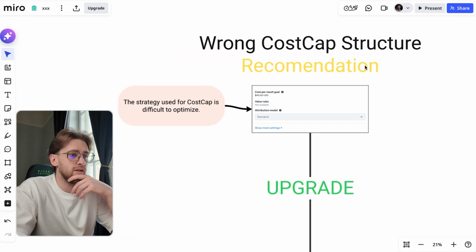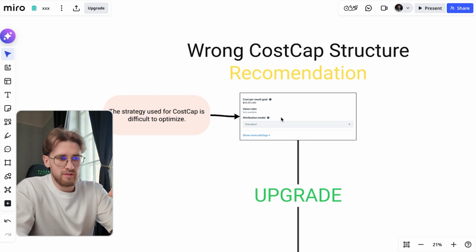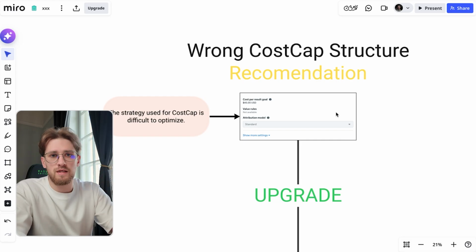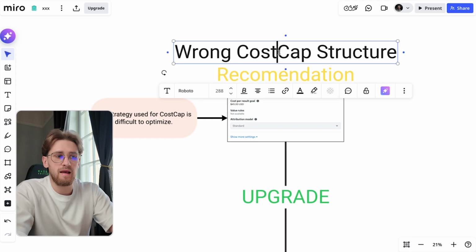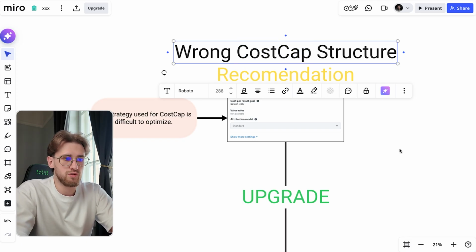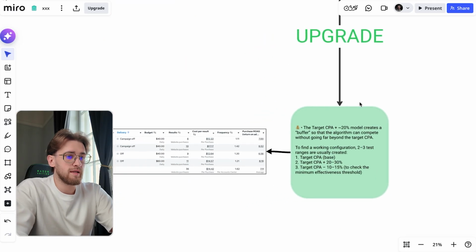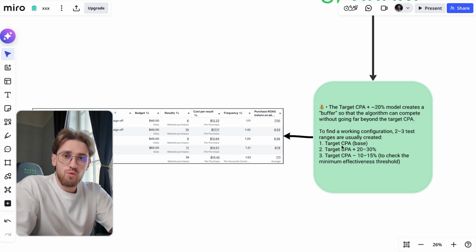Then what we have right here, wrong cost cap structure. Okay, I say here it's wrong, but 98% don't even use cost cap and bid cap structure. You need to start to work with this type of campaign, because you can tell Meta which results you want to get.